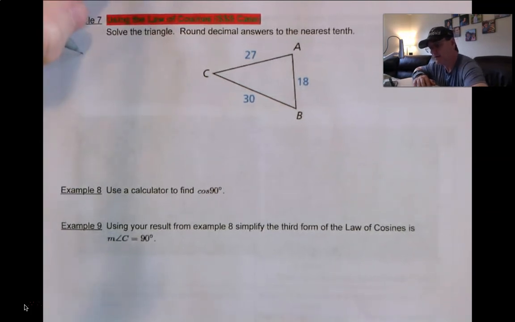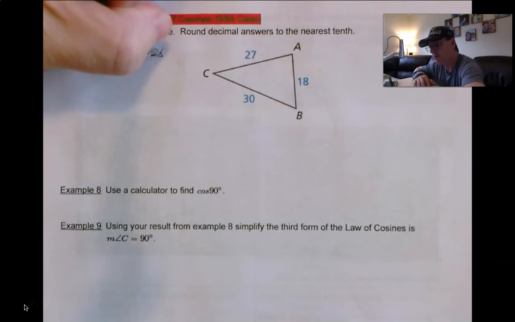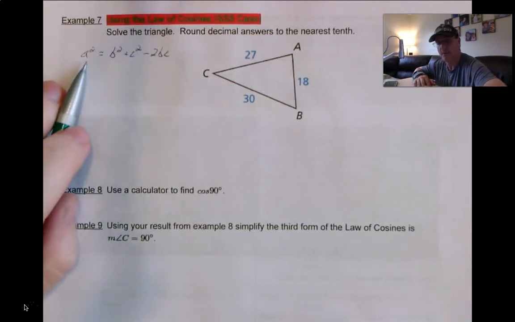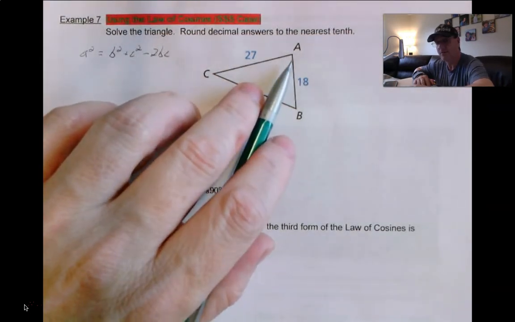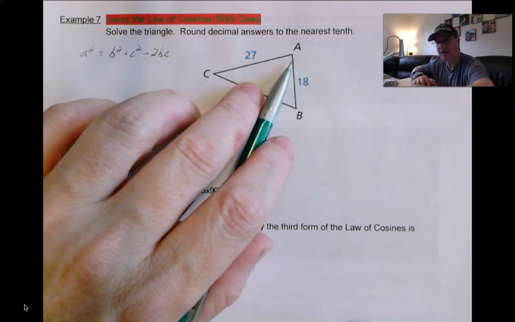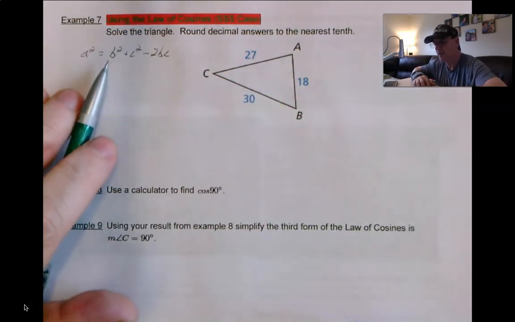So we're going to do a squared equals b squared plus c squared minus 2bc cosine of angle A. Again, I started with a squared because I'm looking for angle A. The only law of cosines that has an angle A in it is this version.